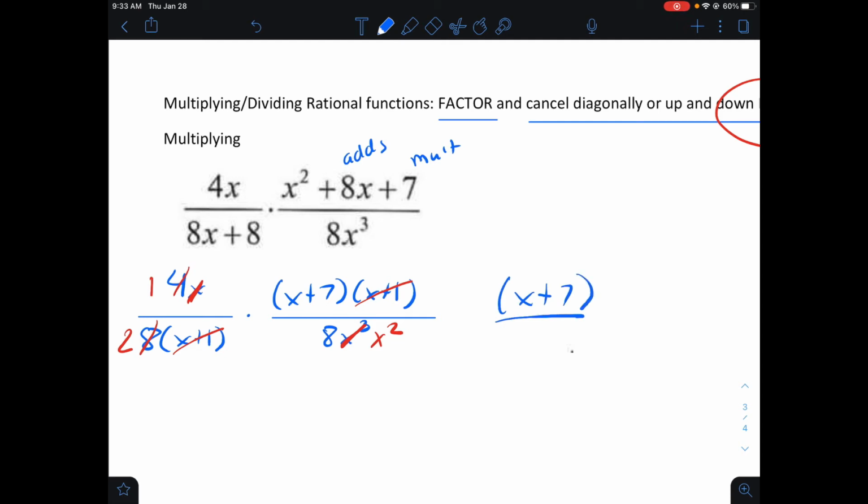And then on the bottom, I am left with a 2 times 8 times x squared, which is going to give me a 16x squared. Again, just like before, you have to make sure that you factor everything. Then you have to cancel out what you can cancel.